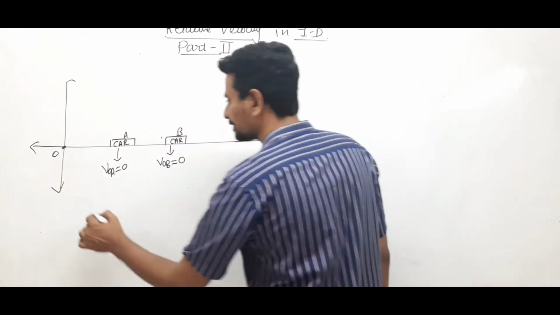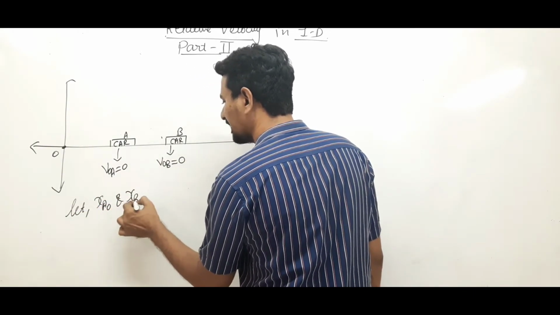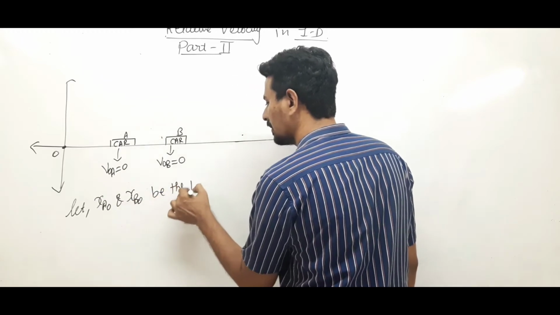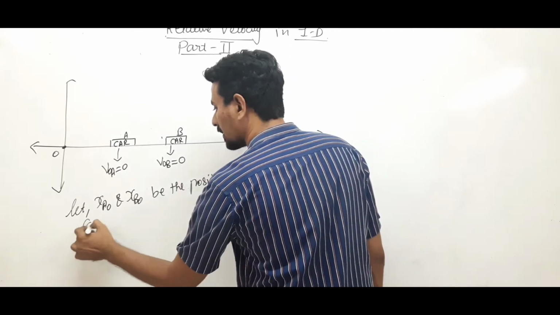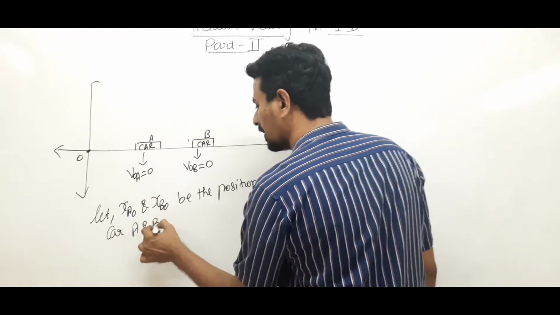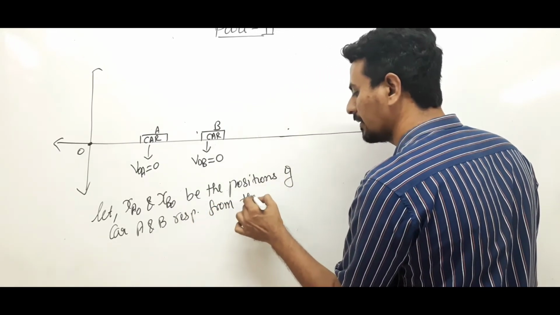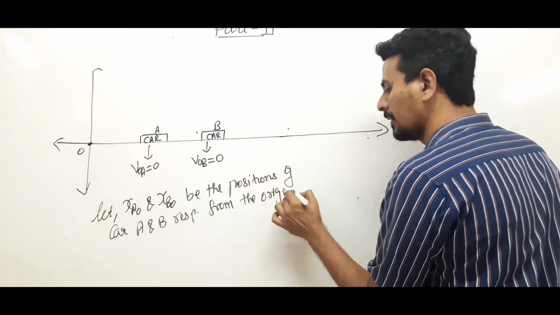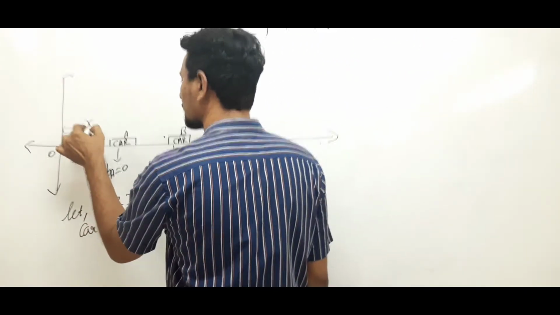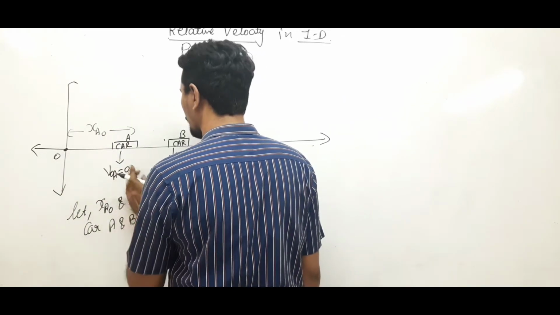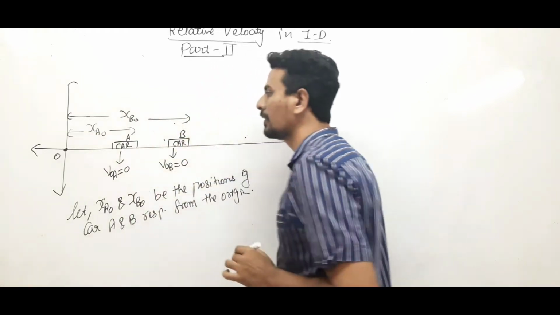Let xa0 and xb0 be the positions of car A and B respectively from the origin, right? From the origin, let car A have a position xa0, and B will have a position xb0.